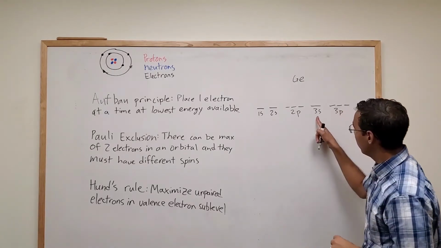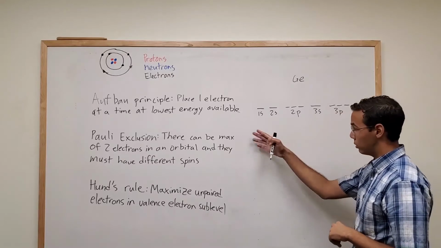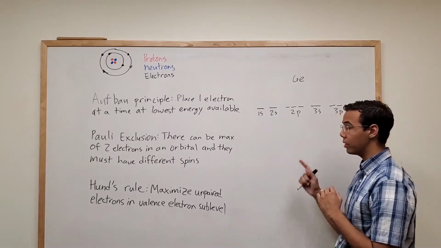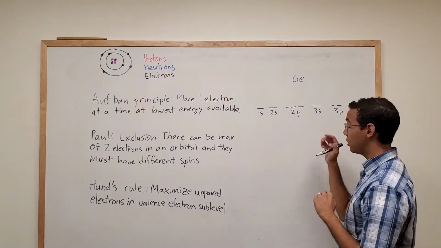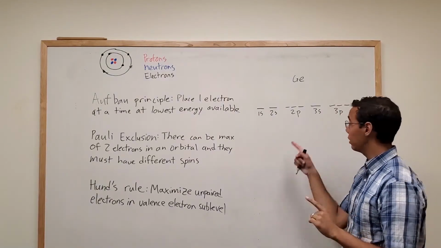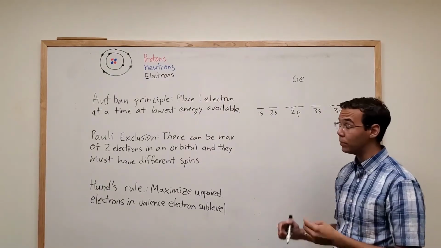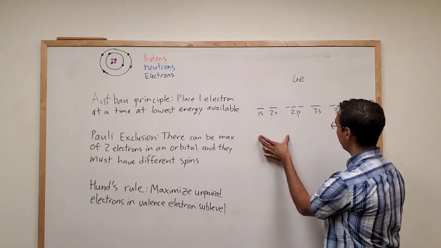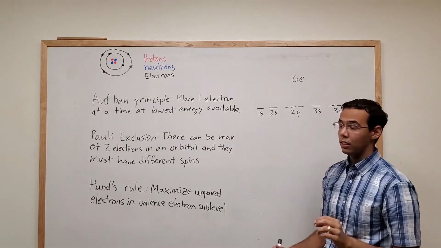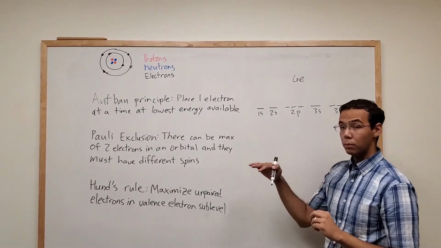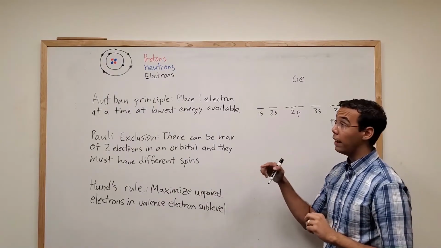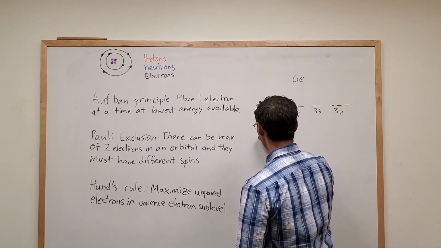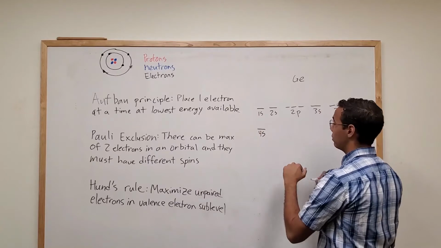As we showed on this table, the primary energy level 3 has 3 different sublevels: you have the S, you have the P, and then you have the D. So it may be tempting to say, well, 3D is obviously the lowest energy, so we're going to stick it right here. Problem is that the 4S, or primary energy level 4, S orbital, is actually lower energy. So we're going to put that first, and then this is going to be followed by the 3D.